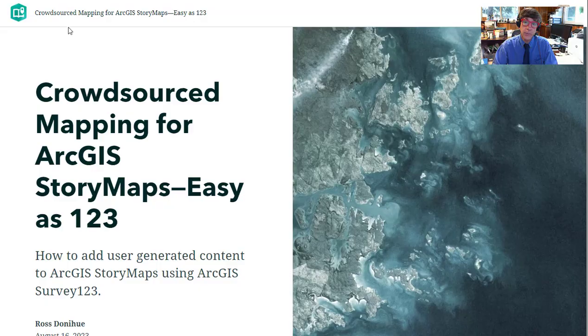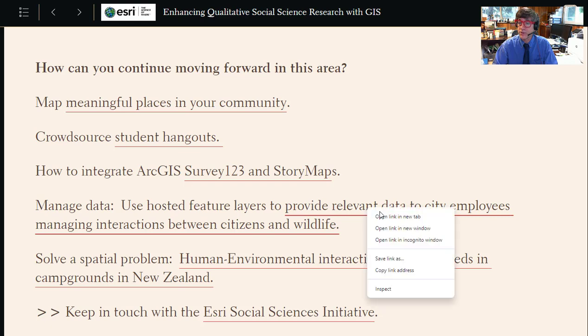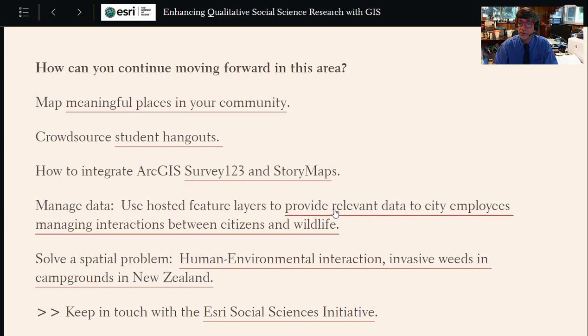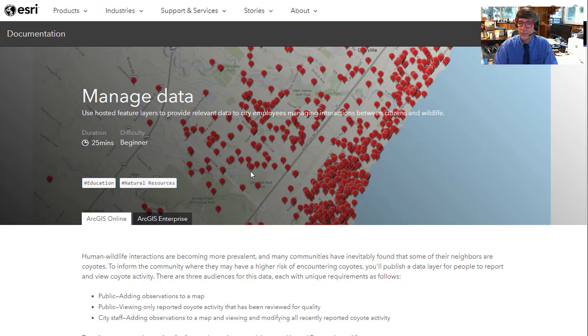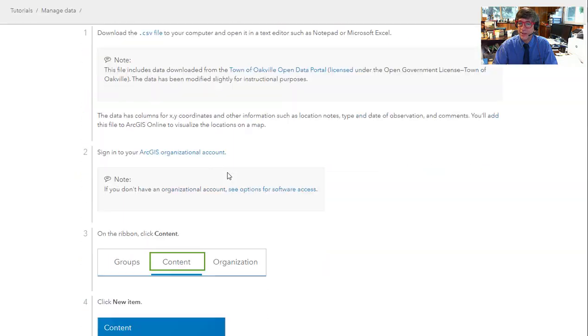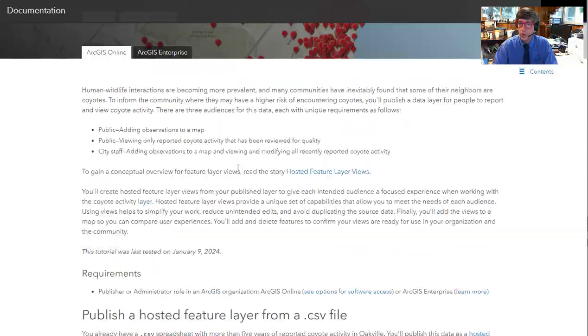Now, my walkability example was another example of that. Use hosted feature layers to provide relevant data to city employees, mapping intersections or interactions between citizens and wildlife. Let's take a look at that one real briefly. That's a lesson as well. It's a real-world example what cities are actually doing. So it walks you through all of that process.